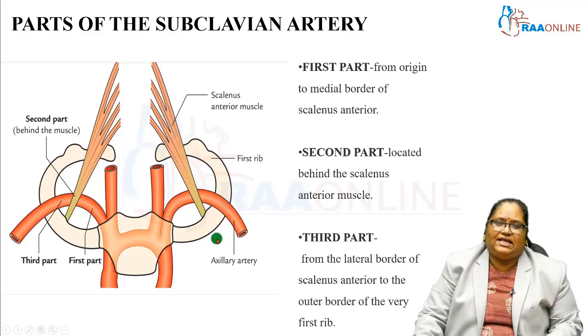If you look at this picture, you can see the first part, the second part and the third part. After that, it crosses the outer border of the first rib and continues as the axillary artery. So these are the three parts of the subclavian artery.